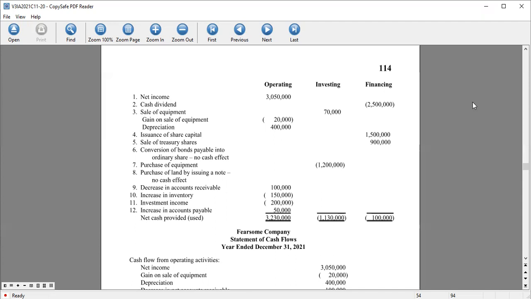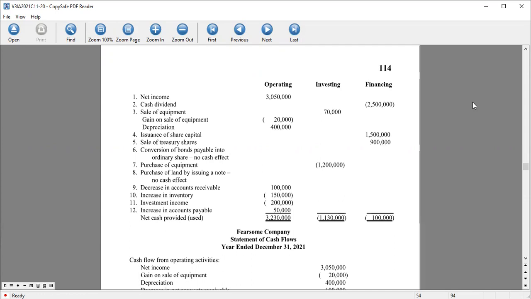We have now a decrease in accounts receivable. Normally, we have to add decreases in current assets except cash. Then we have to add increases in current liabilities, deduct increases in non-cash assets, and deduct decreases in current liabilities.